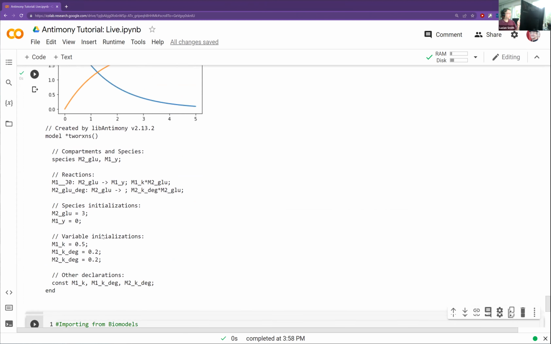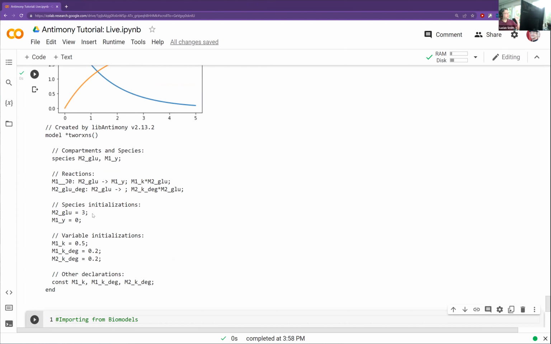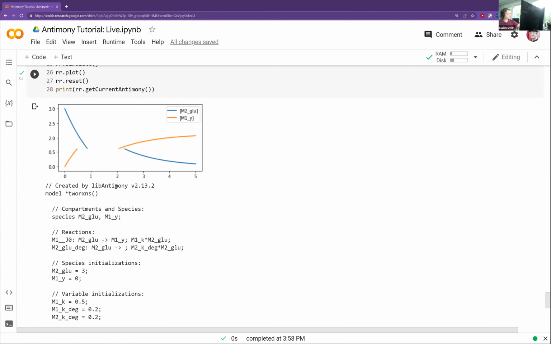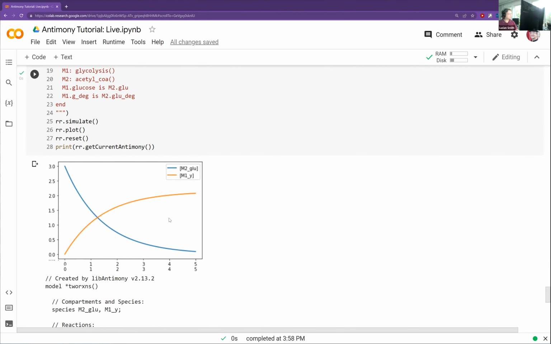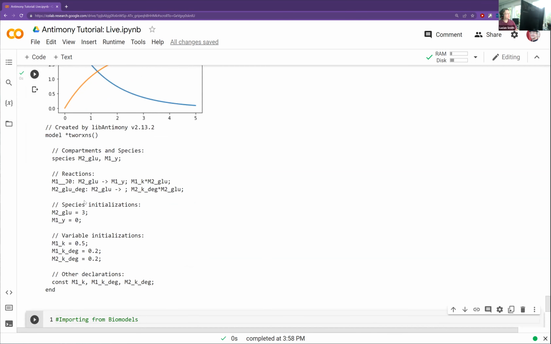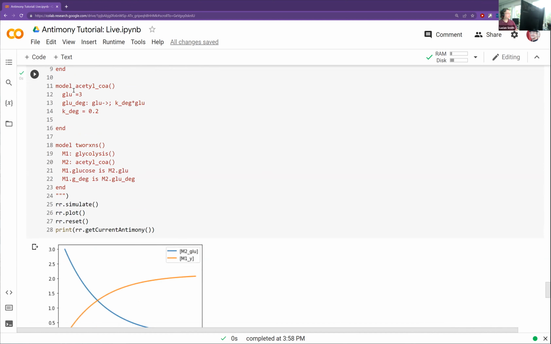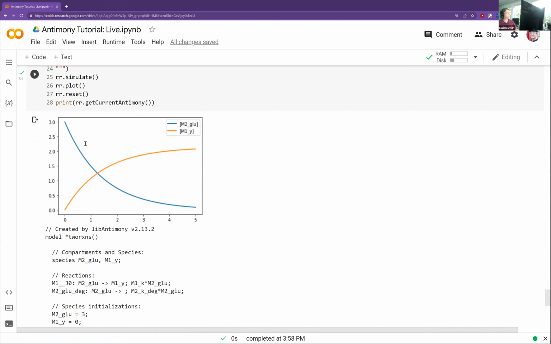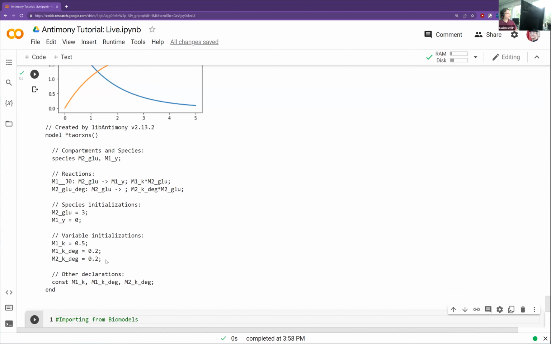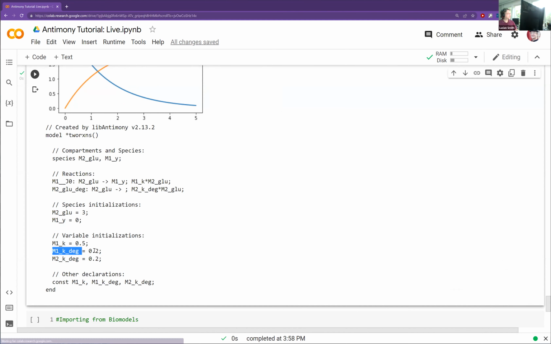In this version, since we reset it before asking for the antimony, it has that at the beginning of the simulation, glucose was 3, which was a value that it picked up from acetyl-CoA and not from glycolysis. And we still have this M1 K degradation as well as the M2 K degradation, but the M1 K degradation is never actually used.